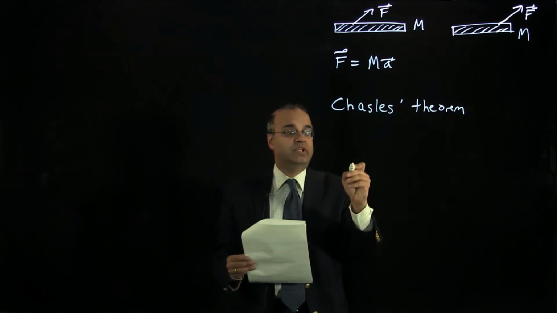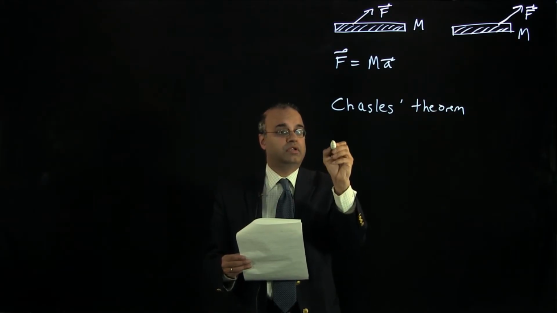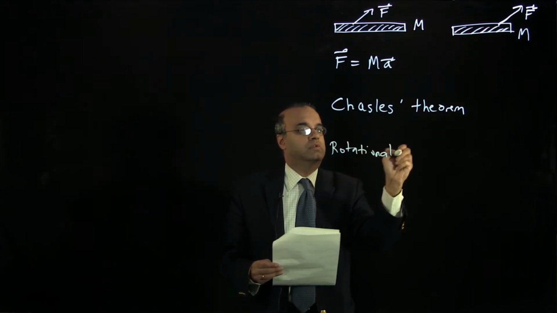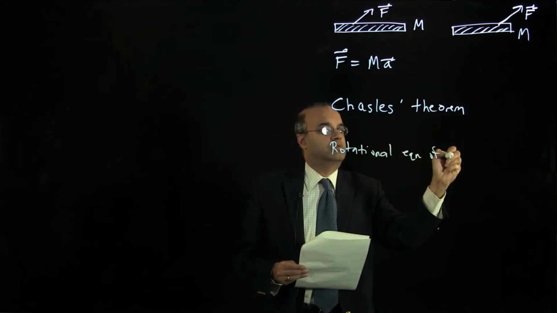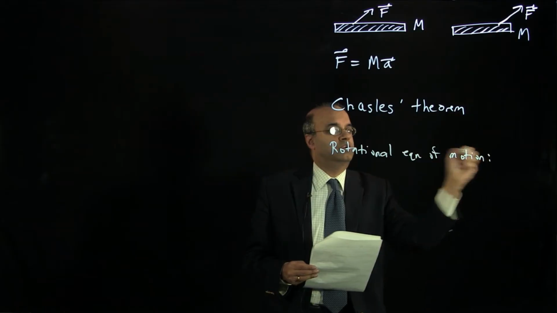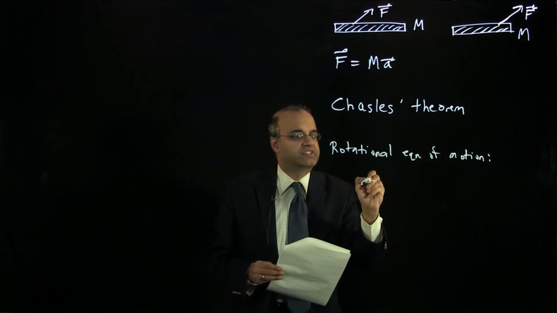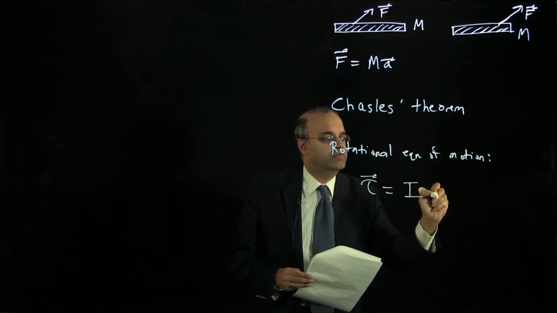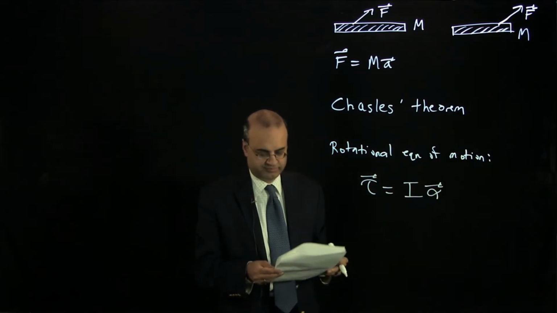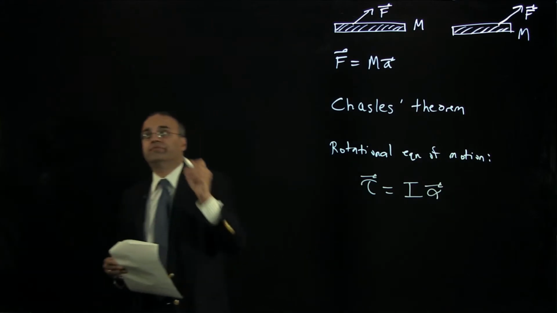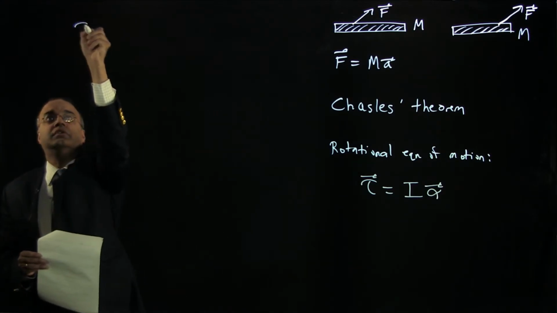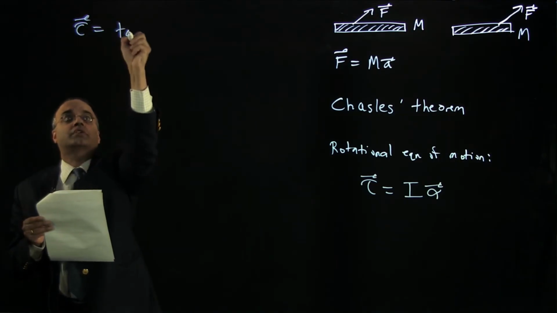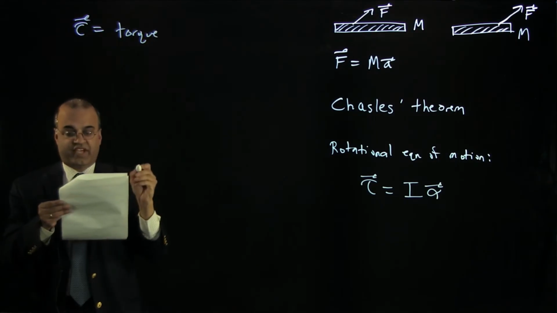And we write that relationship, this rotational equation of motion, as tau, which is a vector, is equal to I times alpha, which is a vector. So tau is a new quantity we haven't talked about before called the torque. It's a vector.